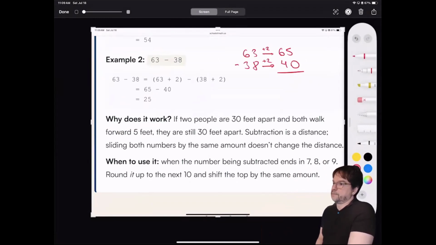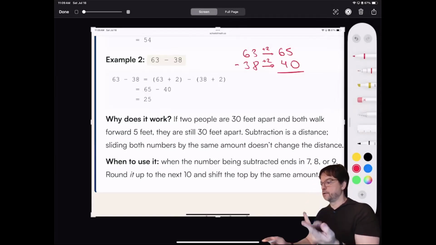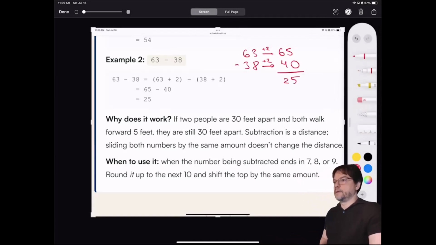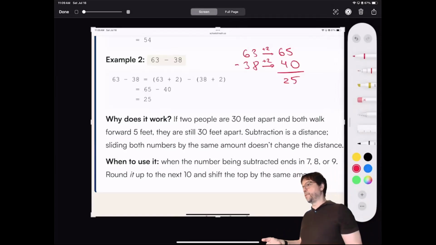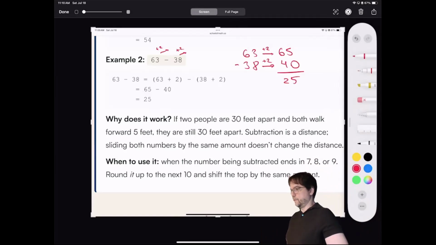What's the distance? 40, 50, 60 plus 5, 25. Easy? The distance is the same, and you don't need pen and paper. Of course, we are using pen and paper here to demonstrate the technique. So here I add 2, here I add 2. Do you agree? Easy?